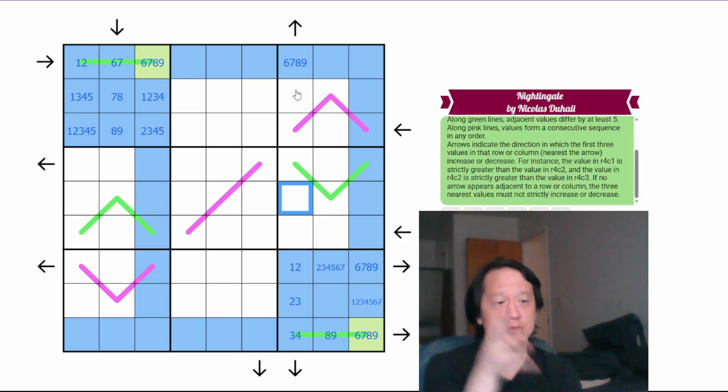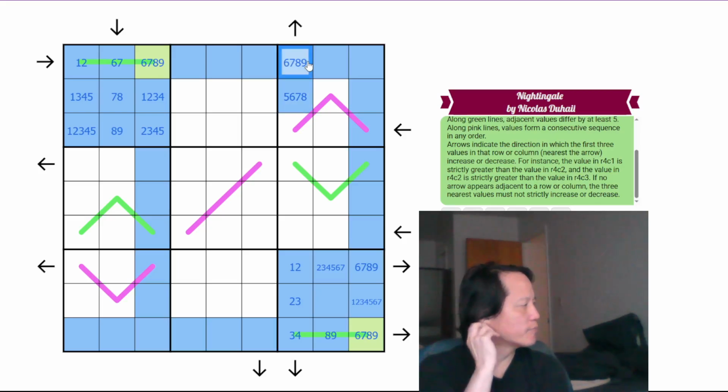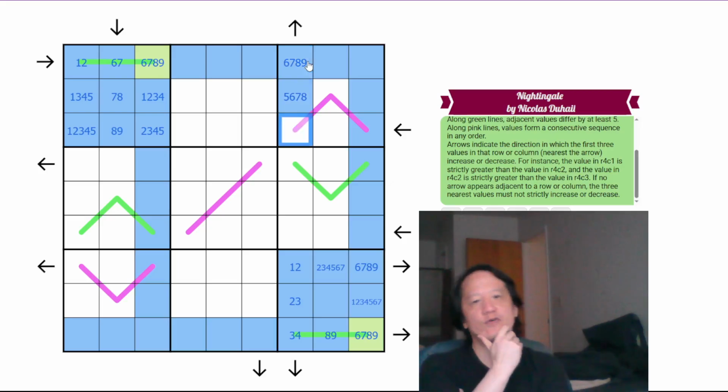We would have 4 guaranteed to be 1 through 4. So this must be 5 through 8, which means this cannot ever be doubled. Because if this were doubled, it would be greater than this value there, which it's not. It has to be less than that value. And this could be 1 through 4 here.